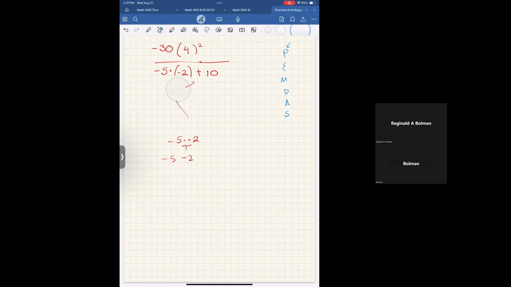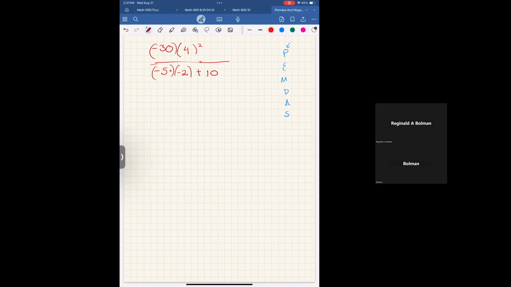As a consequence, I always require students to wrap their negative numbers in a set of parentheses. In fact, this problem would probably be best if we wrap the -30 in a set of parentheses and we wrap the -5 in a set of parentheses. That would probably add a little bit of clarity to the problem statement. It's not necessary in this particular instance, but it would add clarity.